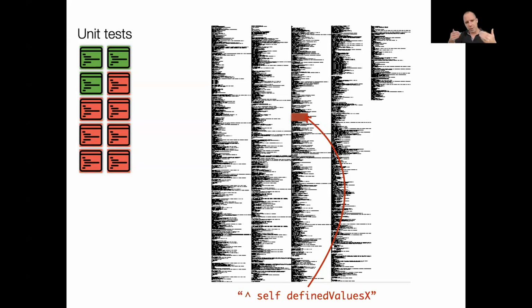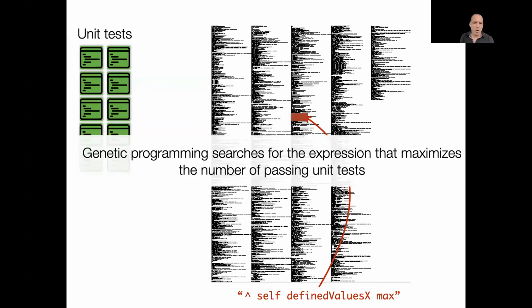Then the algorithm, through evolution, tries to maximize the number of passing tests, until the evolution leads to the correct expression that we have removed. So genetic programming is searching for the expression that maximizes the number of passing unit tests. That is really the essence of our methodology.